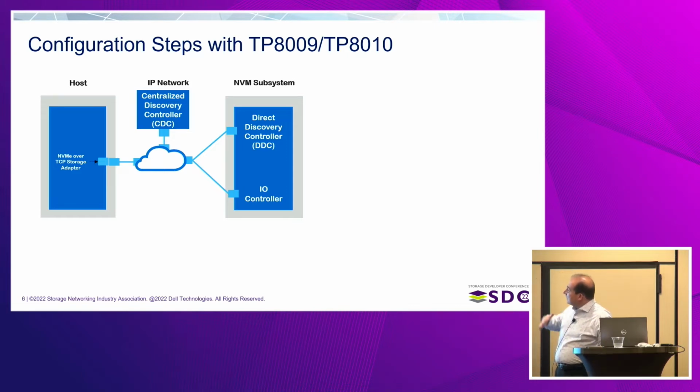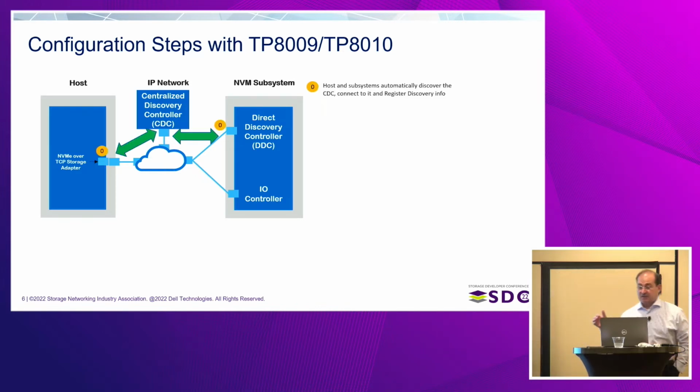And then with TP 8009, you are able to automatically discover this CDC if it is located on your local subnet. And so the steps are: first, host and subsystem automatically discover the CDC thanks to the mDNS protocol defined by TP 8009 and register discovery info on the centralized discovery controller.